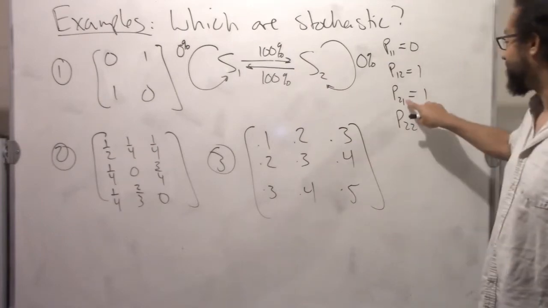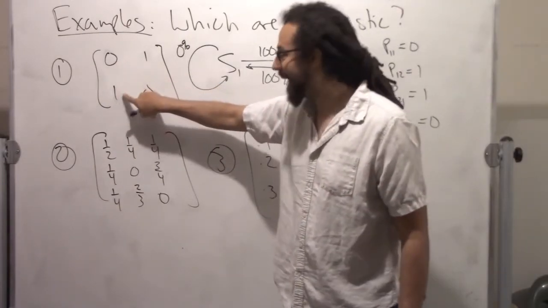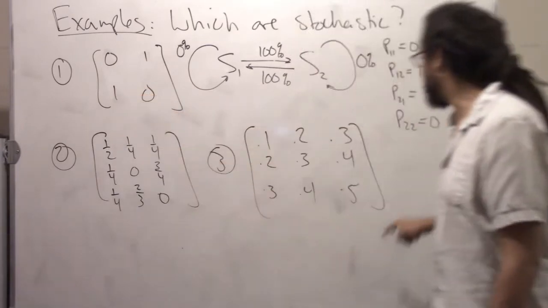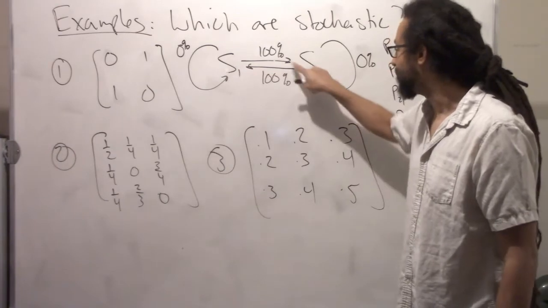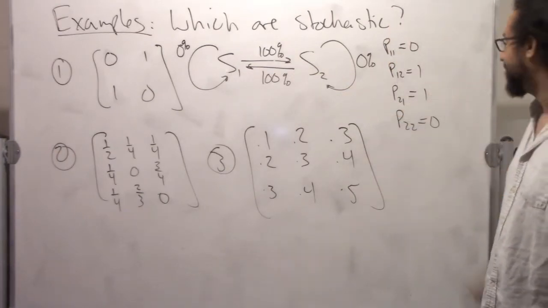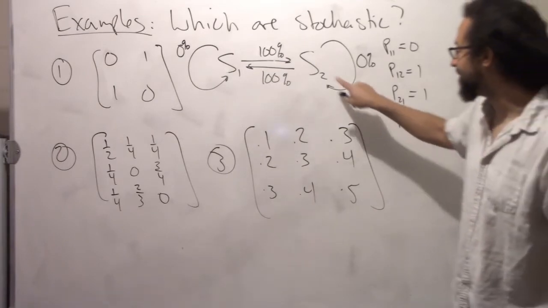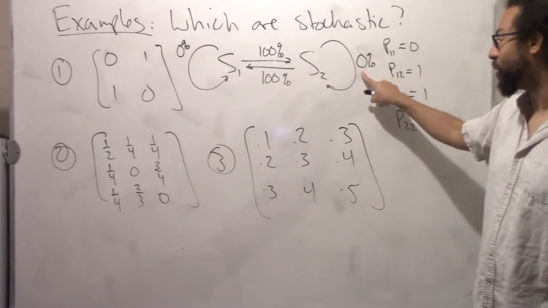So going from state 1 to state 2, if this thing is a 0, this has to be 100%. So moving from state 1 to state 2 is guaranteed. The probability that a thing will stay put in state number 2, again, is 0%.